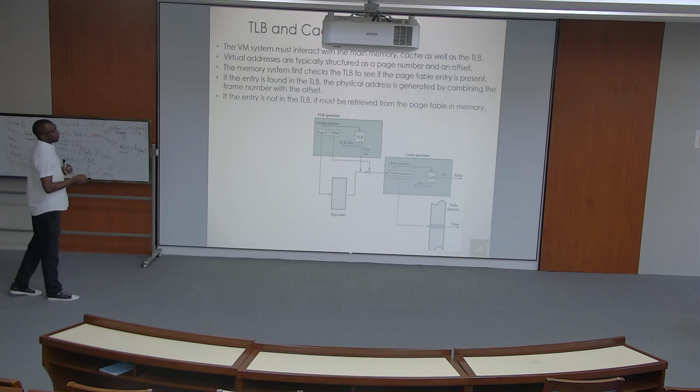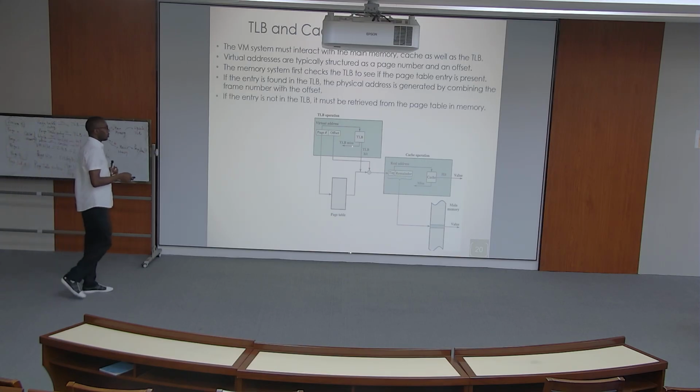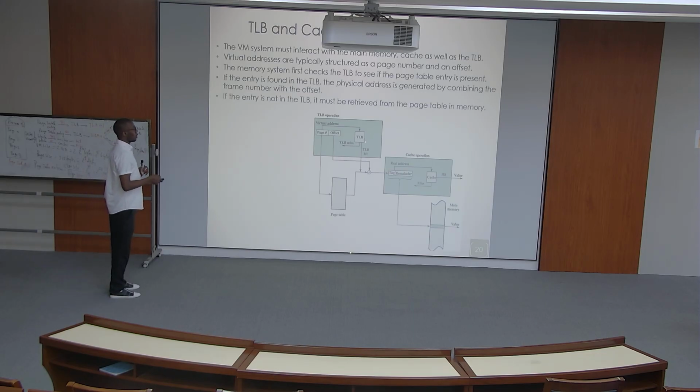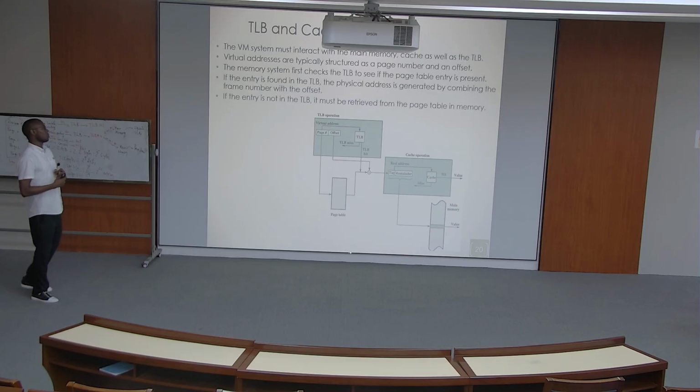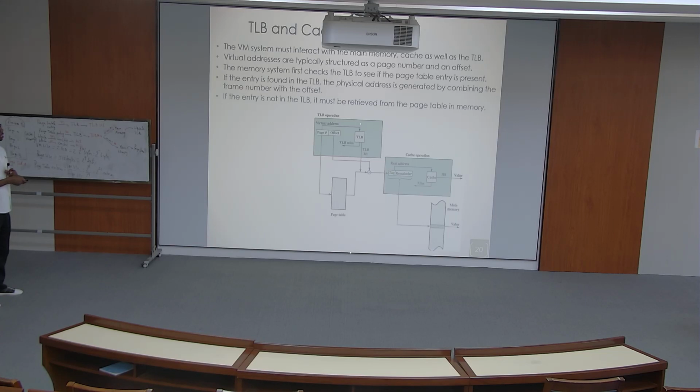Now, if the page table entry is not available in the translation look-aside buffer, we have a TLB miss. Then the system will expand to the page table entry in the main memory, which is the next level of the memory hierarchy. If it is there, the TLB needs to be updated. And you see, for each process, we have a page table.